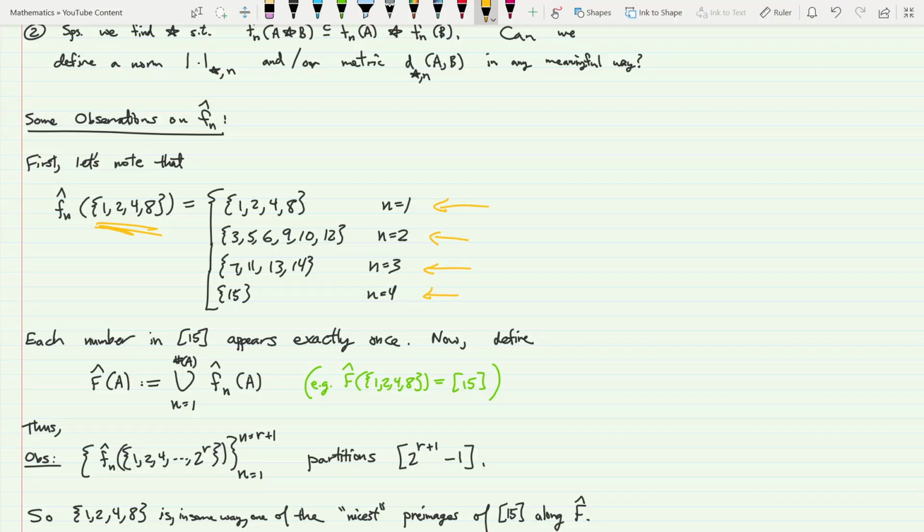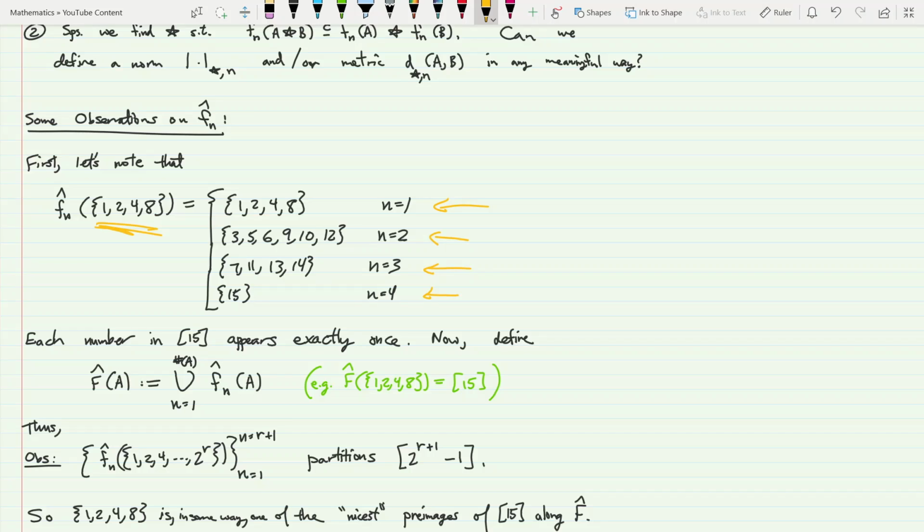So the interesting thing here is that the layers are just counting in binary, right? The n equals 2 layer are just the numbers that, when written in binary, have 2 ones. The n equals 3 layer, ones that have 3 ones. And so actually each number in bracket 15 appears exactly once, and it's the most efficient way to generate those numbers.